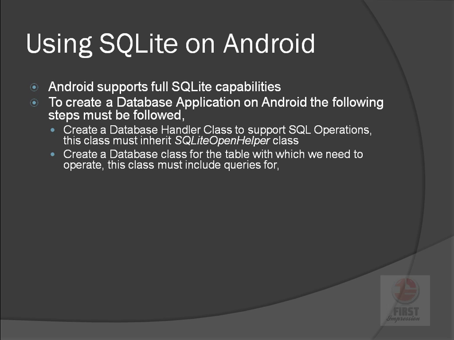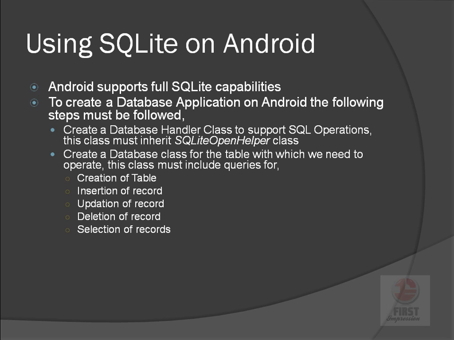Step 2: you must create a database class for the table on which you need to operate. This class must contain queries to insert, update, delete, and select records, and it must also contain the query to create the table.